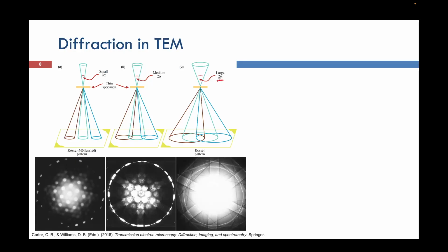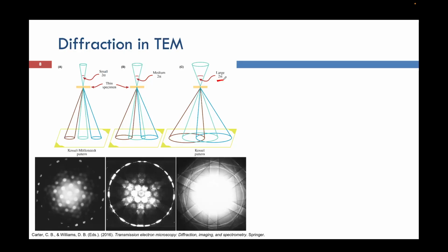Let's say the total convergence angle is 2 alpha. Shall we go for an extremely high convergence angle so that we will be able to get more information from our diffraction pattern? But the answer is no. Why can't we do that?